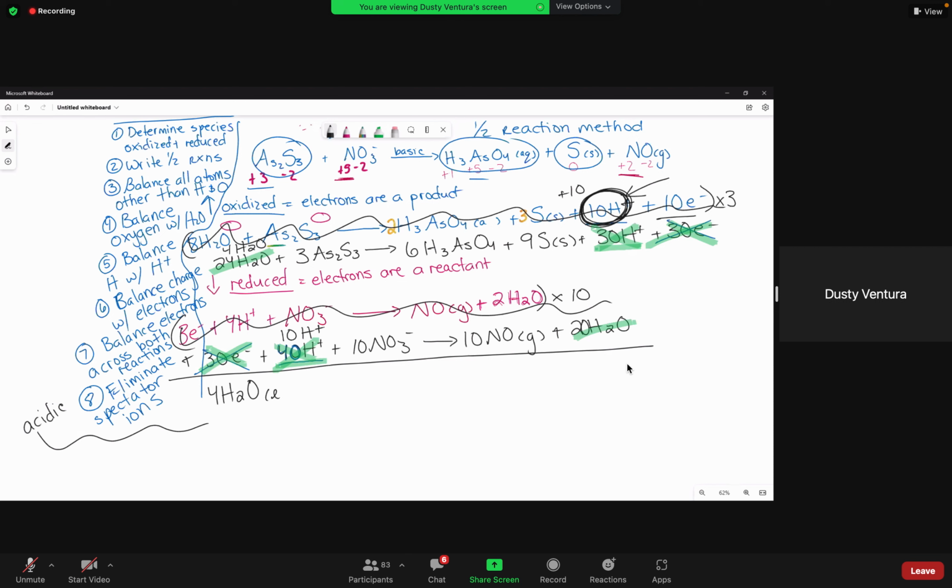So we've got 4 waters and 10 hydrogen. That's why it's acidic, because it has excess of these guys. This is what makes it acidic. And then we've got 3 arsenic sulfides. And on the other side, 10 nitrates.